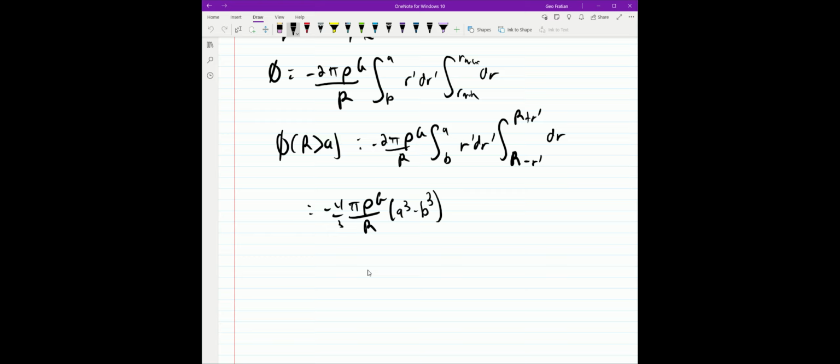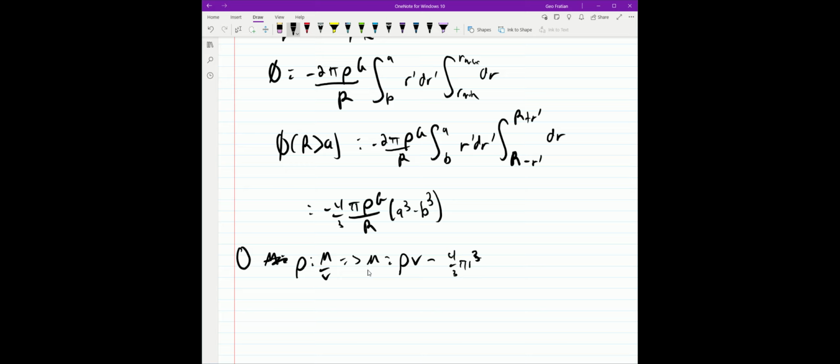Now we could just plug in the mass for the density. Remember, the mass of the shell, so it's a sphere. Density is equal to mass over volume, so mass is equal to density times volume. Volume is 4/3 pi r cubed.